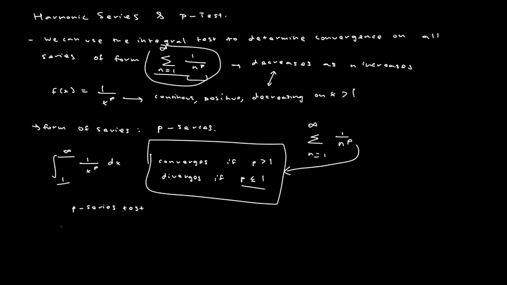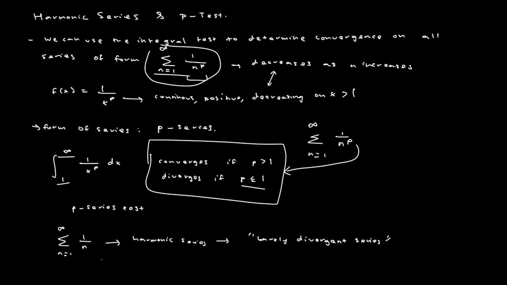Something cool about this p equals 1 case is that you get the summation of 1 over n to the power of 1, and this summation from n equals 1 to infinity is the harmonic series. This harmonic series is known as the barely divergent series, because that is the cusp at which we barely diverge.